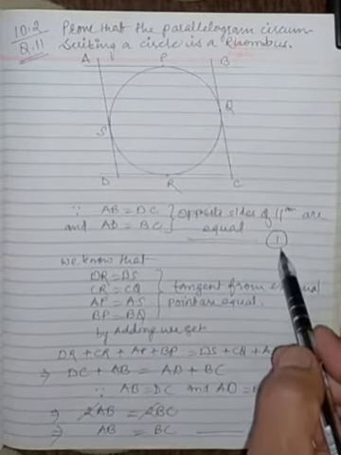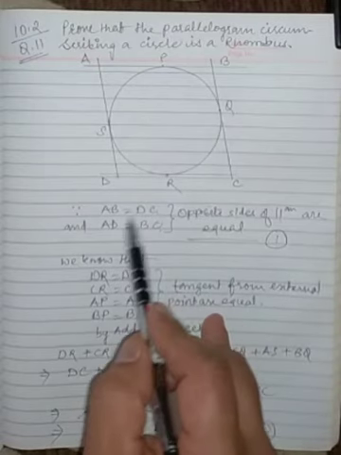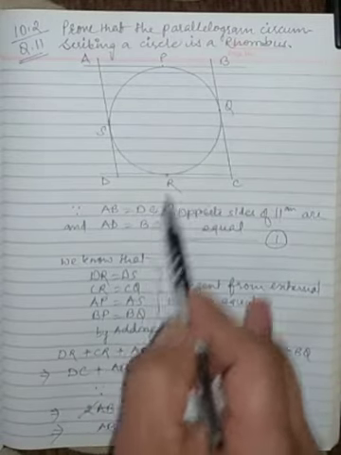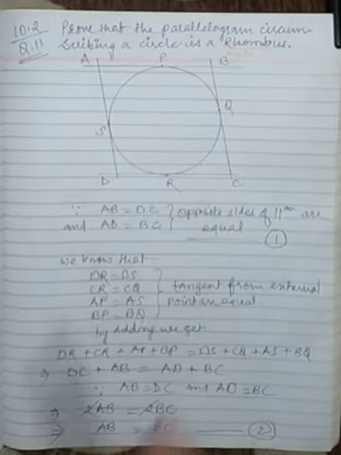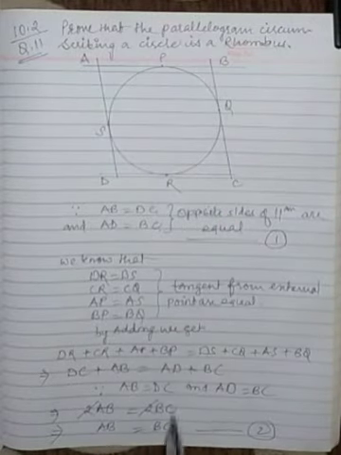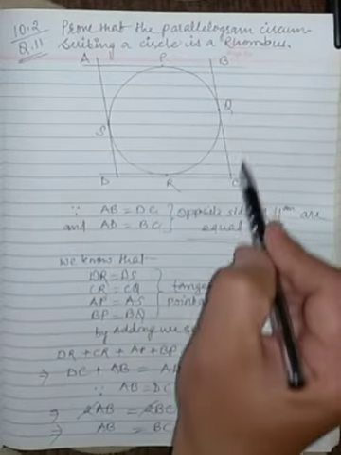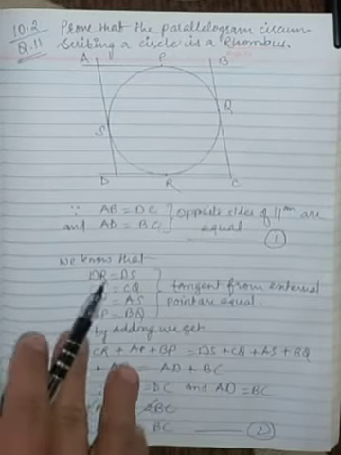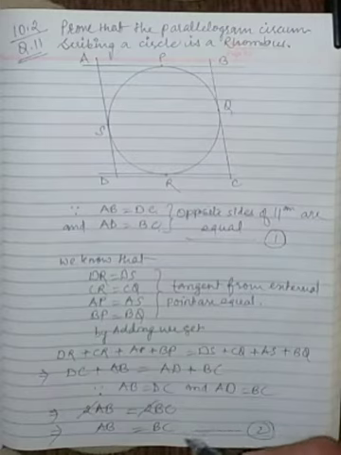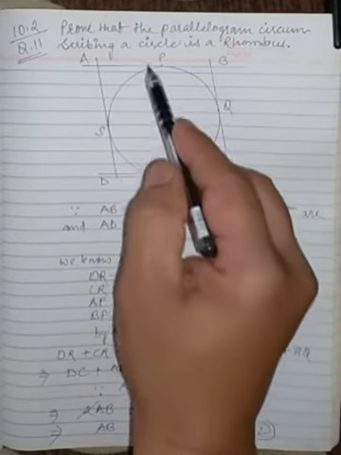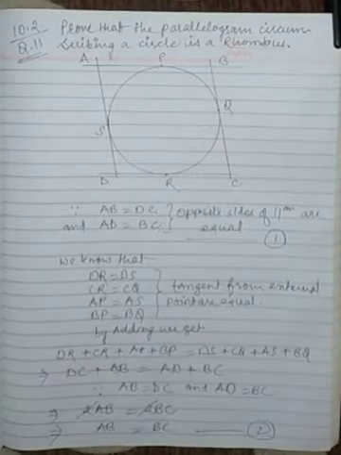Now in relation 1 we are saying that AB equal to DC and AD equal to BC. That means opposite sides are equal. And in the second we are saying that AB equal to BC, so adjacent sides are also equal. So if we combine equations 1 and 2, we get all the four sides equal.